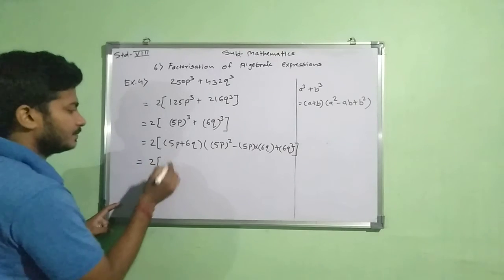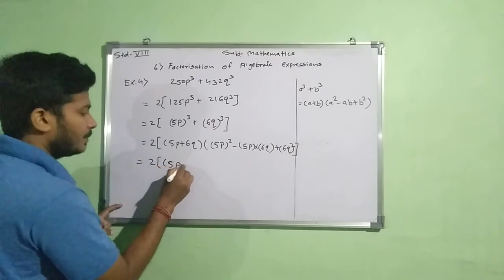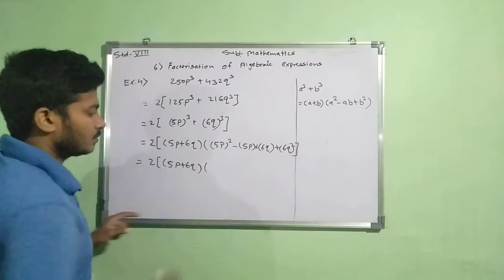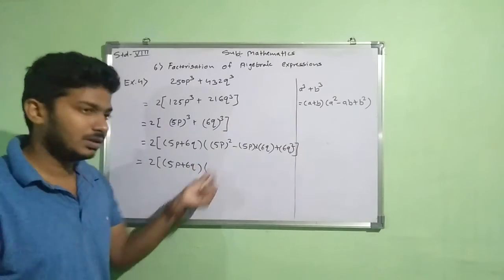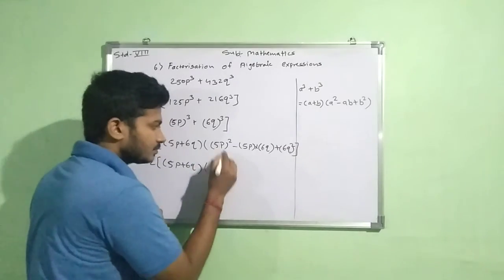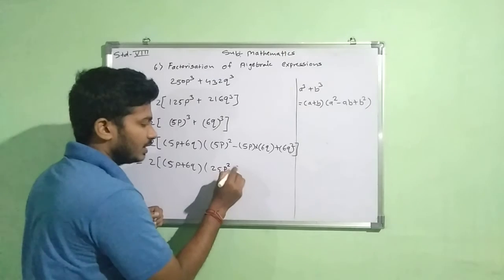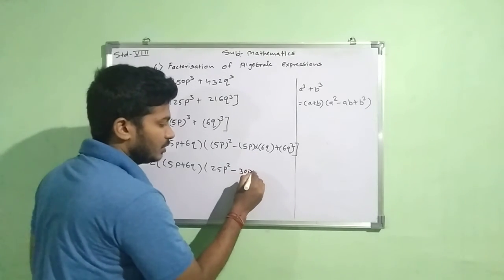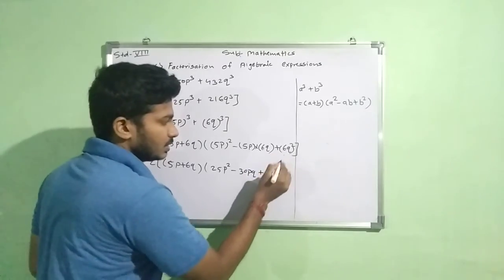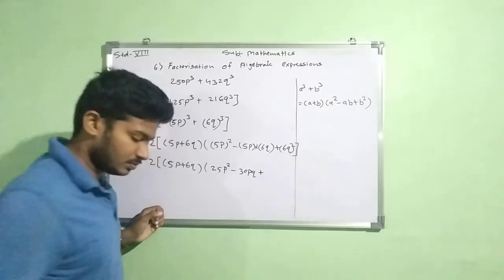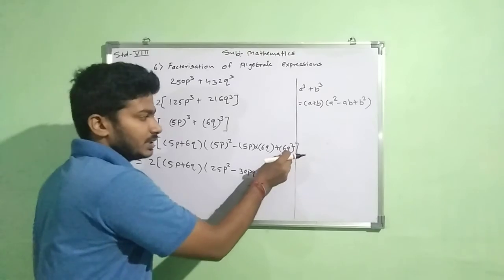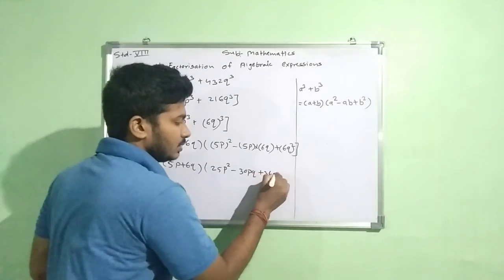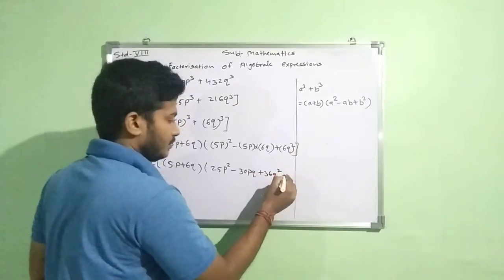So 2 will be there, (5p plus 6q). Now we have to do the square of 5p, square of 5 is 25, and square of p is p square, minus 5 into 6, 30 pq, plus square of 6q, square of 6 is 36, q square.